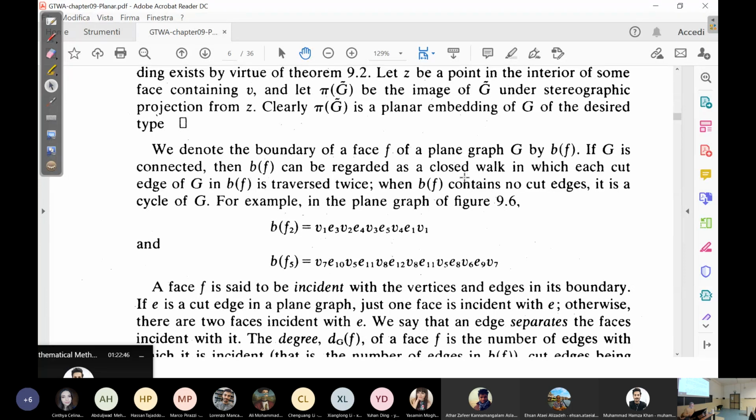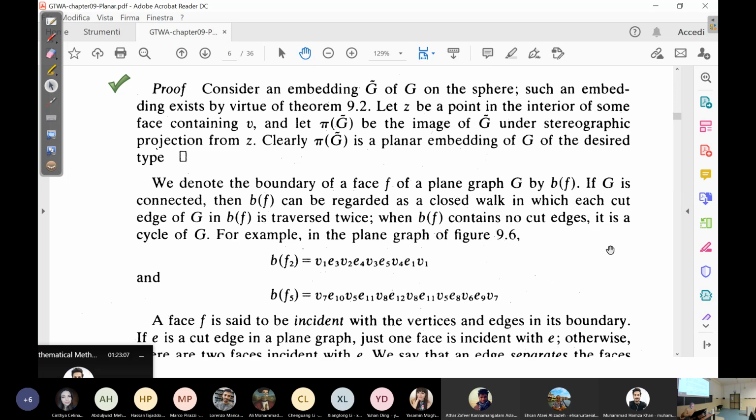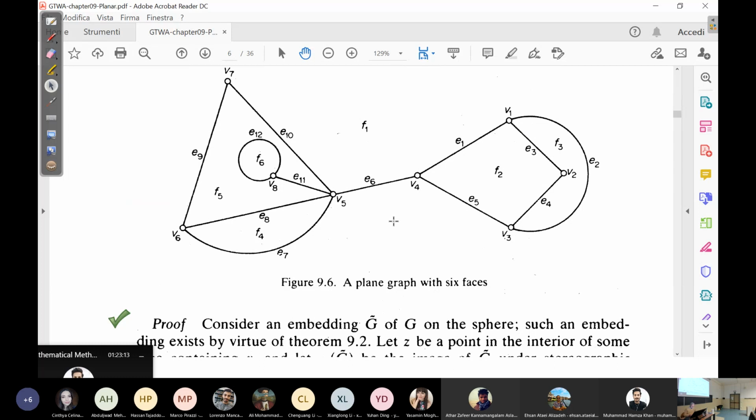we have the boundary of a face which we call B of that face F. Okay, we have a face F, we denote the boundary as B of F. Then we can see it as a closed walk in which each cut edge is traversed twice. Let's see here.